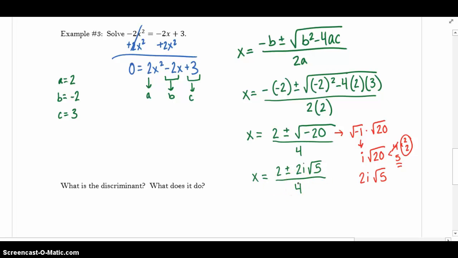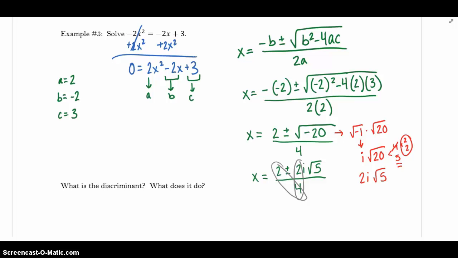But wait, we're not done yet, because just like in the last problem, we've got to simplify this a little bit. So if we're dividing this whole thing by 4, that means I'm dividing this 2 by 4, and I'm dividing this other 2 by 4.